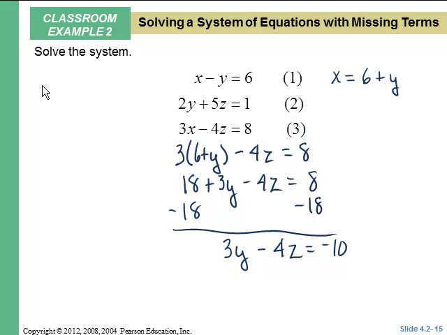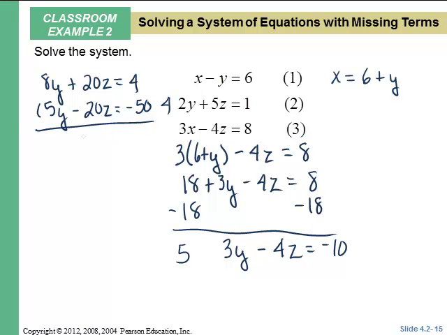Let's multiply the second equation by 4 and this new third equation by 5. When we do, we'll get 8y plus 20z equals 4, and 15y minus 20z equals negative 50.